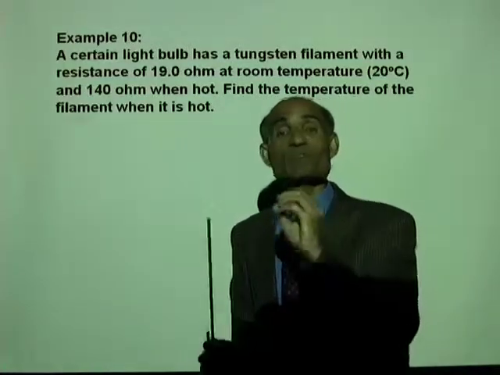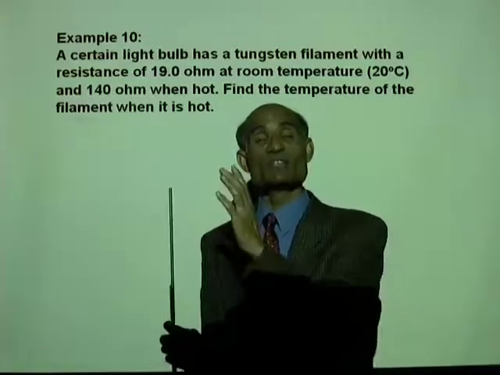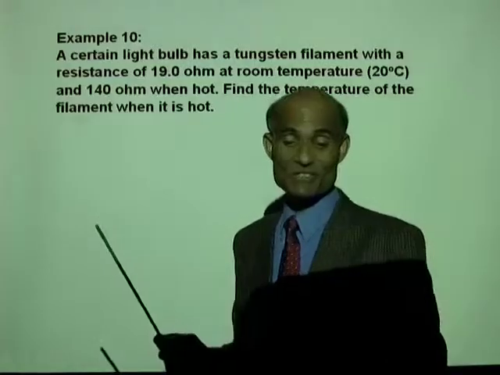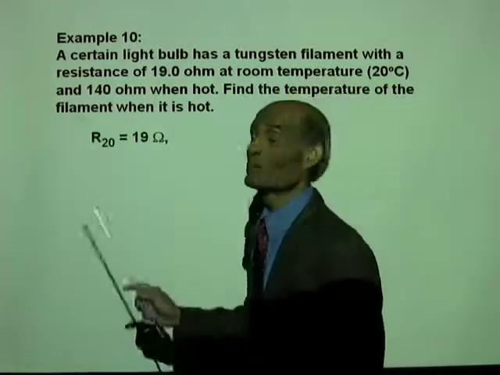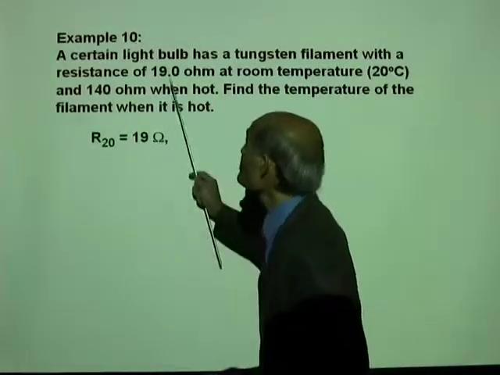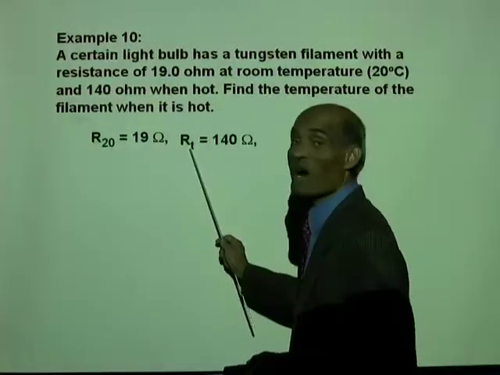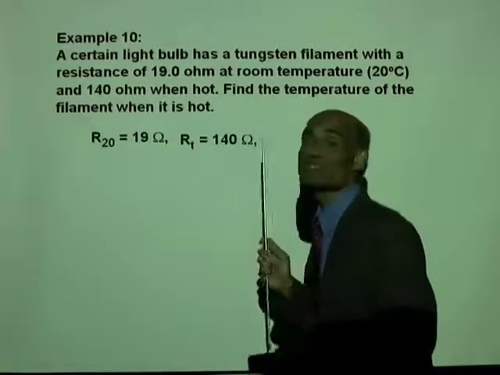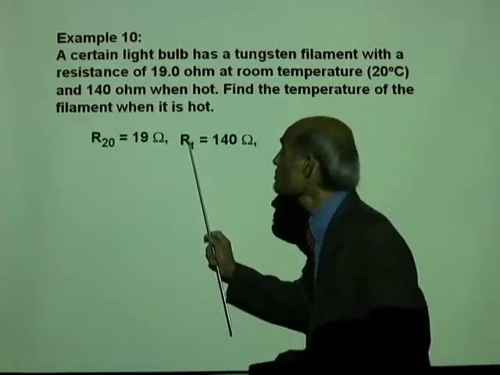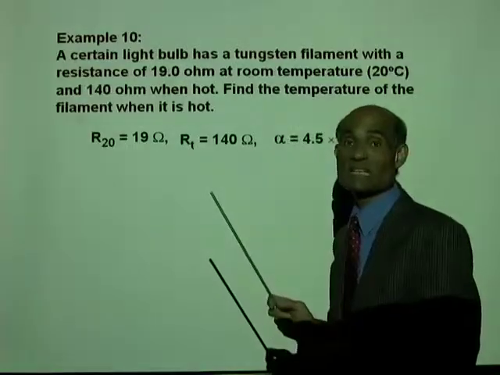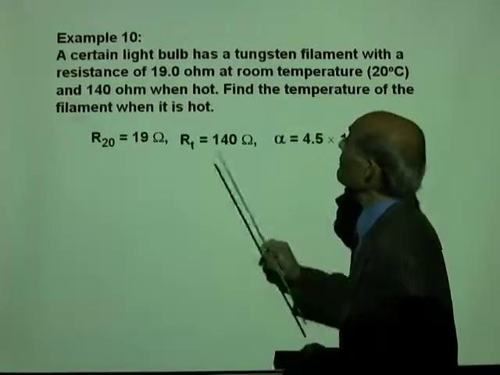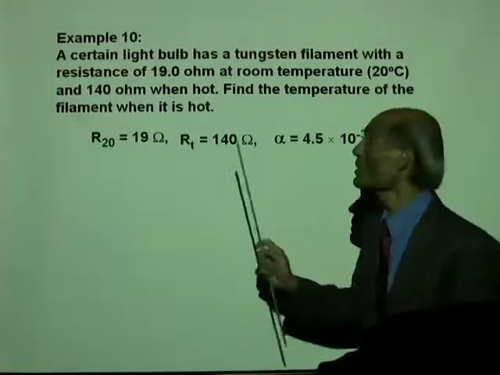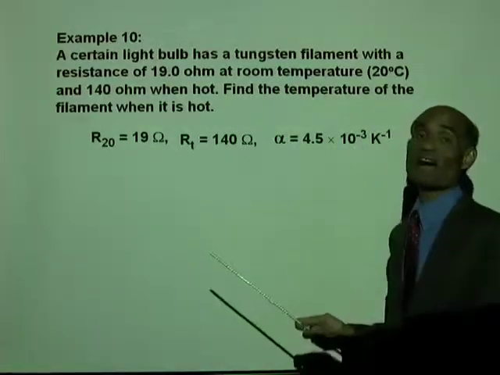RT equal to R20 times 1 plus alpha times T minus 20. And you know R20 is given to us, RT is given to us, the resistance at T degrees Celsius is given to us. We need to find that temperature T. Alpha, this is tungsten, so we can go back to our table and obtain the value of alpha.